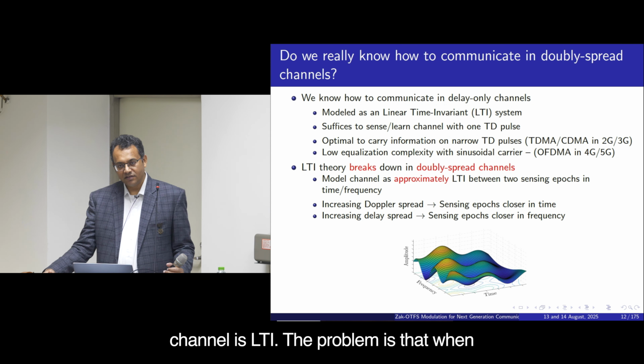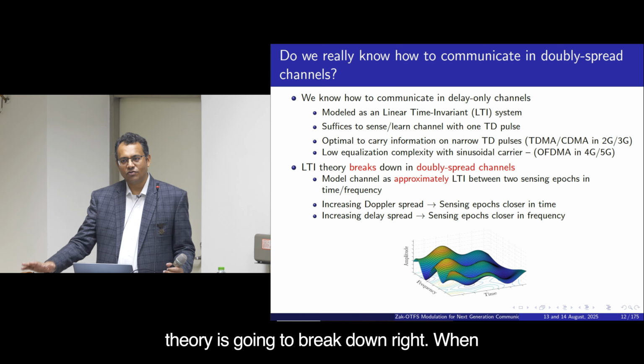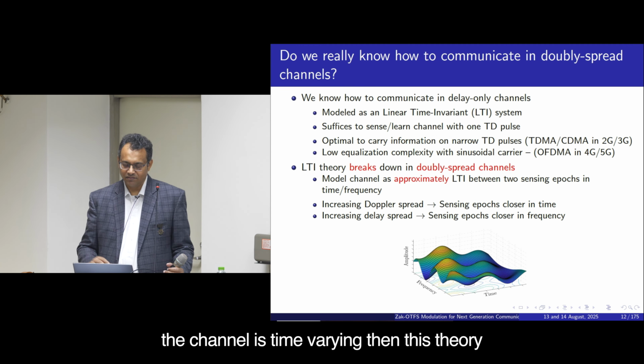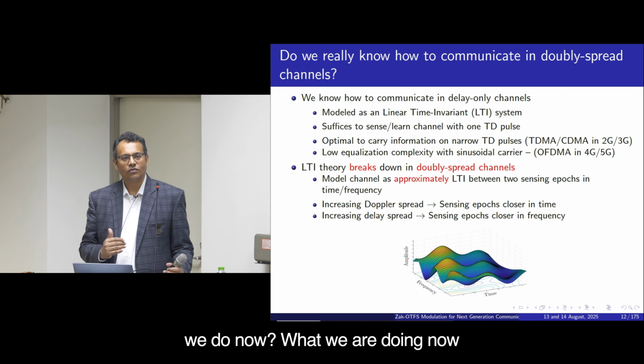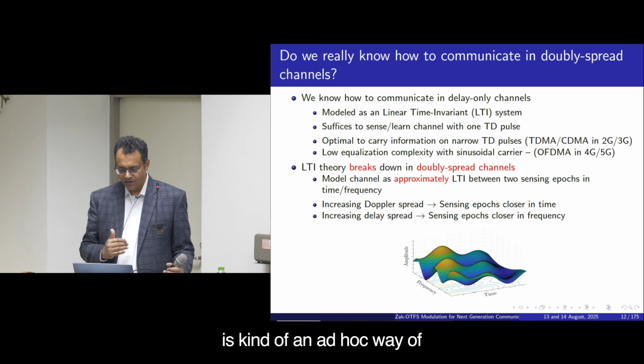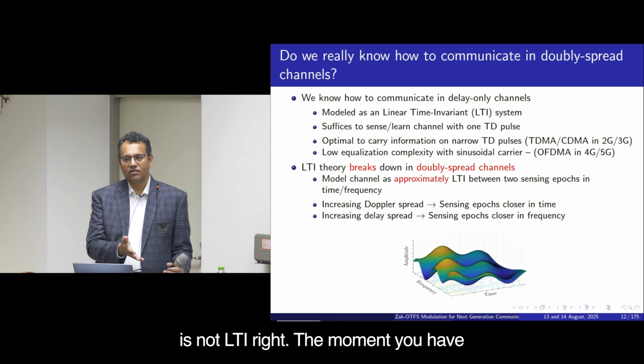The problem is that when the channel is not LTI, when the channel is time varying, then all this theory is going to break down. But what do we do now? What we are doing now is an ad hoc way of using that LTI theory on a channel which is not LTI.